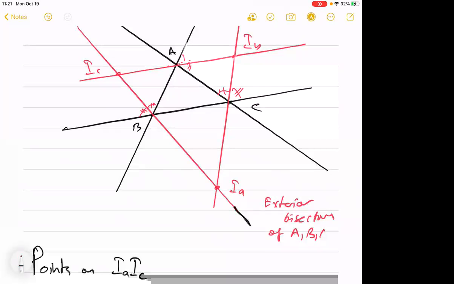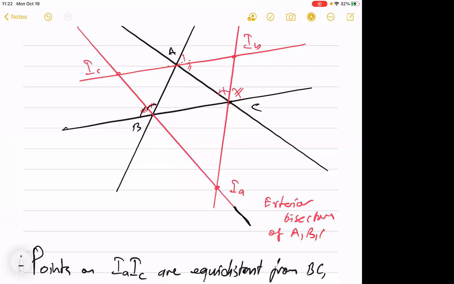If you take any point here, since it's an external angle bisector at B, then any points on this line are equidistant from BC and CA.